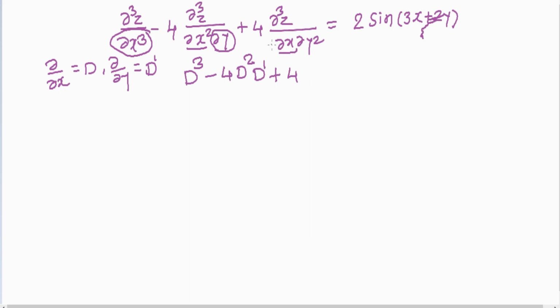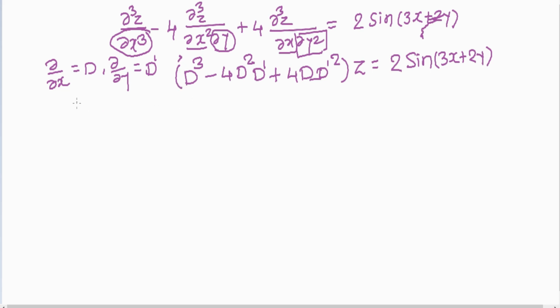So we write D³, and for ∂/∂y squared, we write D dash squared, operating on z equal to 2 sine of (3x plus 2y). This is the equation converted into D and D dash.